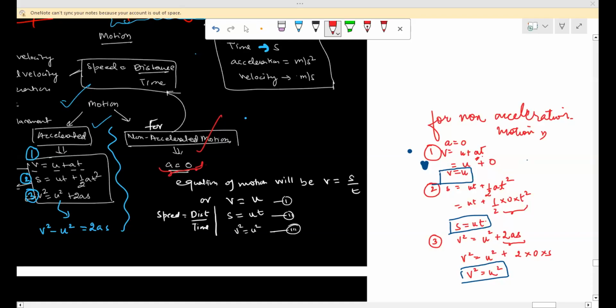Yes, written. You have written this part? For this one, part one, put the heading for non-acceleration. In all the cases, a will become 0.